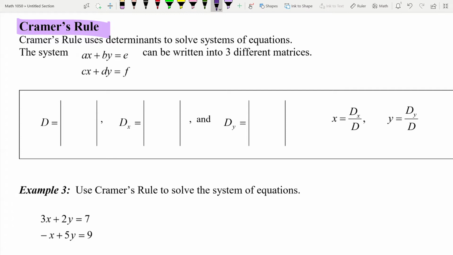I don't see it until a couple of days before you do. I have never, ever seen a problem that says solve this system by Cramer's rule. I've never seen it. I don't think you're going to see it. I'm going to put it on the quiz because they could give it to us and I want you to be ready, but I think the chance is really low.